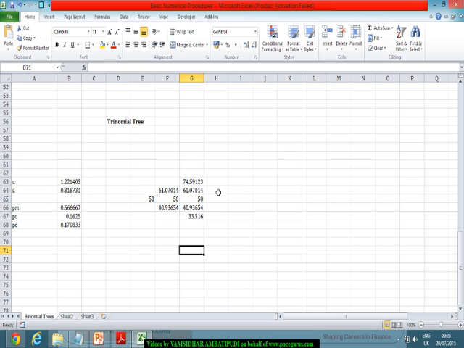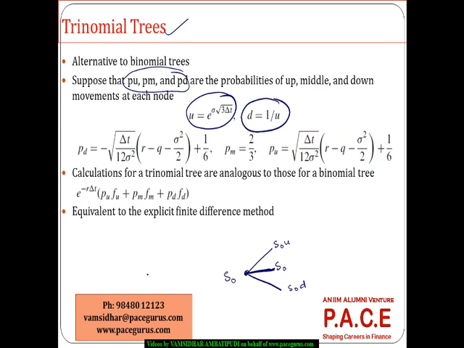So at every node we can think of 3 important nodes coming up, with these being the probabilities. So we can use this kind of a procedure with these kind of probabilities to really evaluate the trinomial tree and get the present value of the derivative using this trinomial tree kind of an approach.